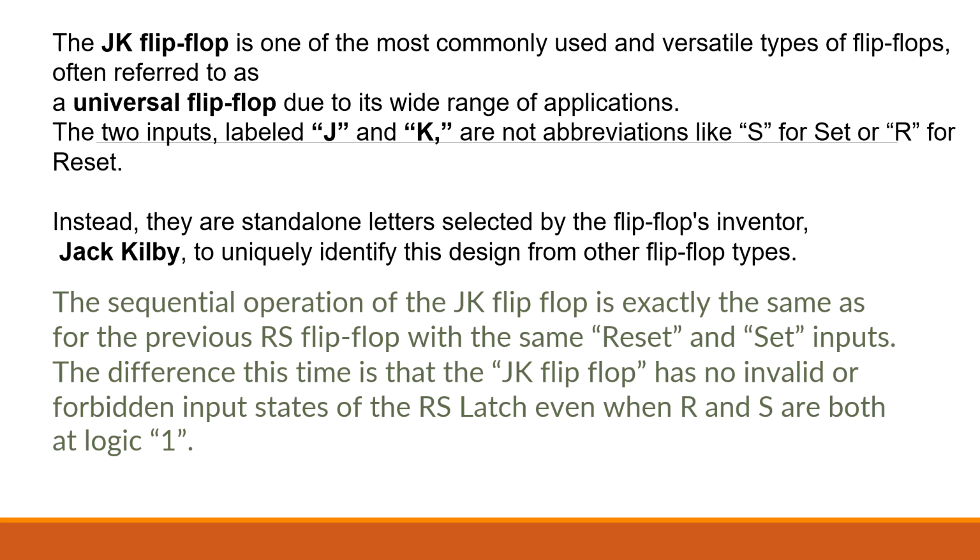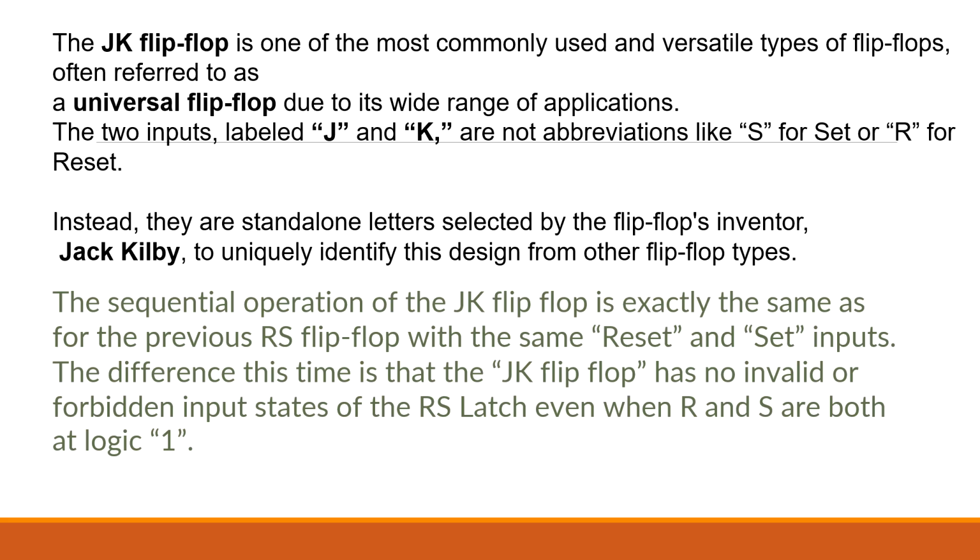The JK flip-flop is one of the most commonly used and versatile types of flip-flops, often referred to as a universal flip-flop due to its wide range of applications. The two inputs, letters J and K, are not abbreviations like S for set or R for reset. Instead, they are standalone letters selected by the flip-flop's inventor.